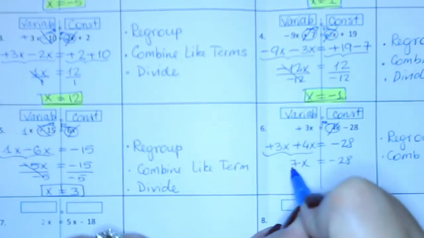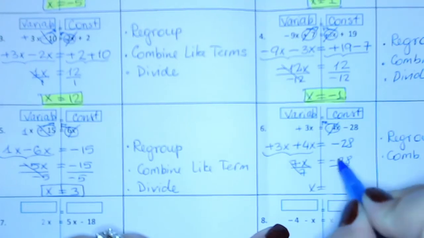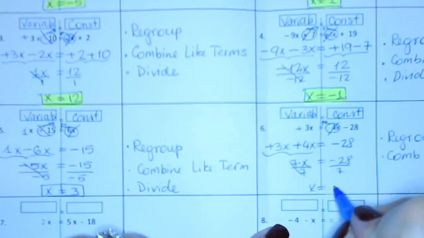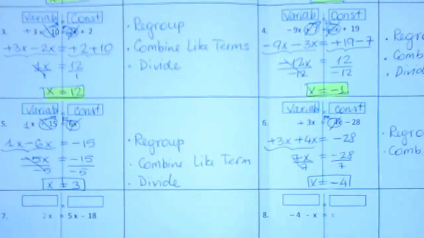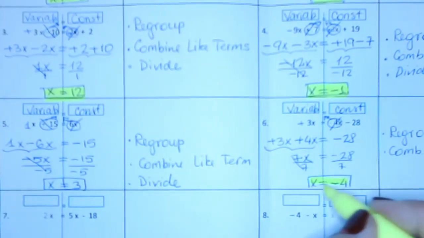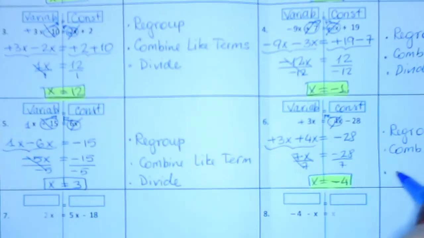And then divide. Negative divided by positive is -4. So regroup variables on one side, constants on the other, combine like terms, and divide.